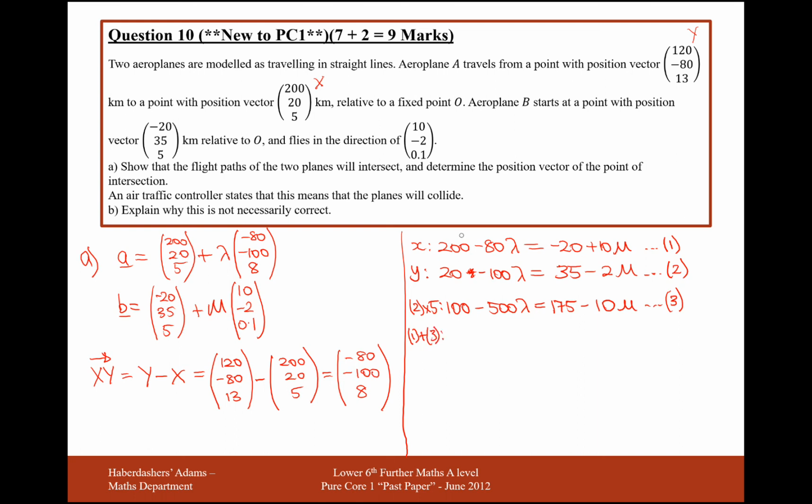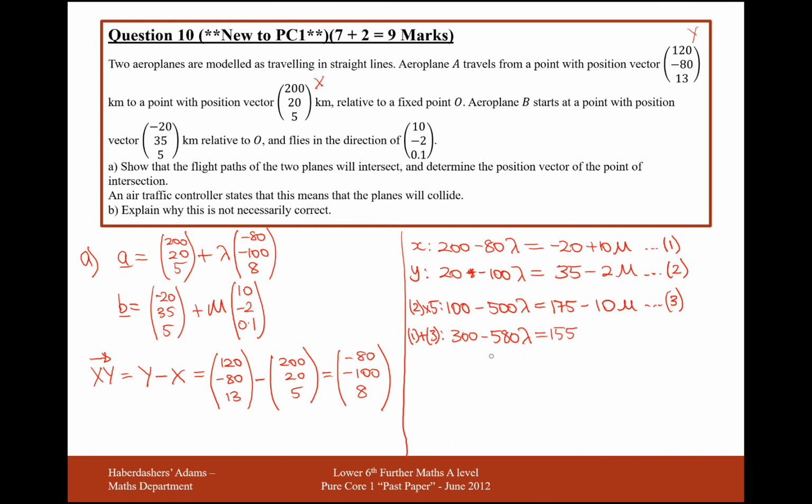Then we'll do equation 1, add 3. So 200 add 100 will make 300. Minus 80 minus 580 will take away 580 lambda. This one here, minus 20 add 175 is 155. And 10 mu take away 10 mu is 0, so that cancels out nicely.